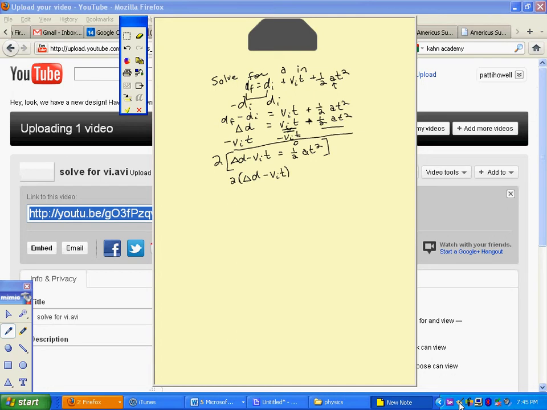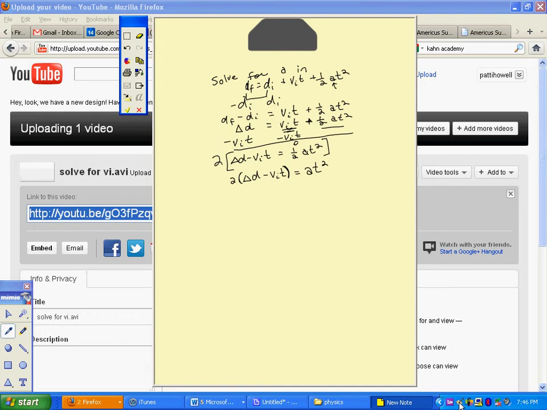Notice something really important. I've got parentheses here. If you don't put your parentheses there, you'll have to distribute your 2, so it would be 2 delta d minus 2 vit. Now, on the other side of the equation, 2 times 1/2 gives me 1, so I'm left simply with at squared.